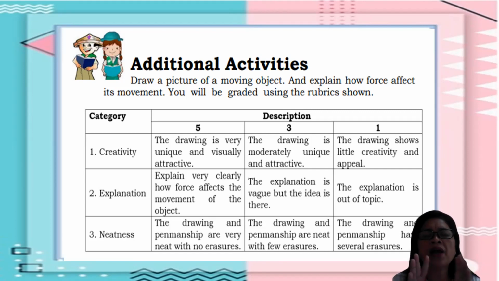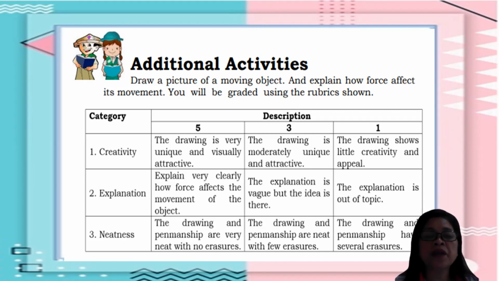So kapag maganda ang pagka-drawing, unique yung pagka-drawing nyo, 5 ang score mo. If the drawing is moderately unique and attractive, medyo unique lang, medyo attractive lang, 3 yung makukuha mo. 1, the drawing shows little creativity and appeal. Okay.